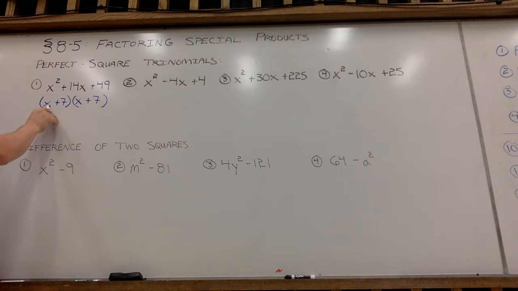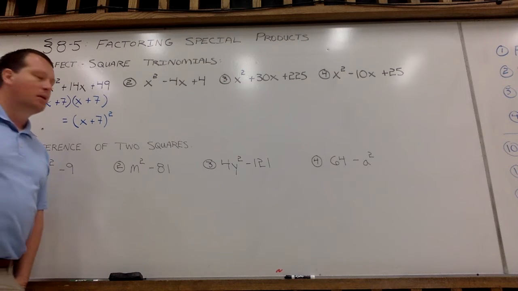So I'm taking x plus 7 times x plus 7, and you can write it as x plus 7 squared. It is not wrong if you leave it as x plus 7 times x plus 7, but just know that you can write it as x plus 7 squared.